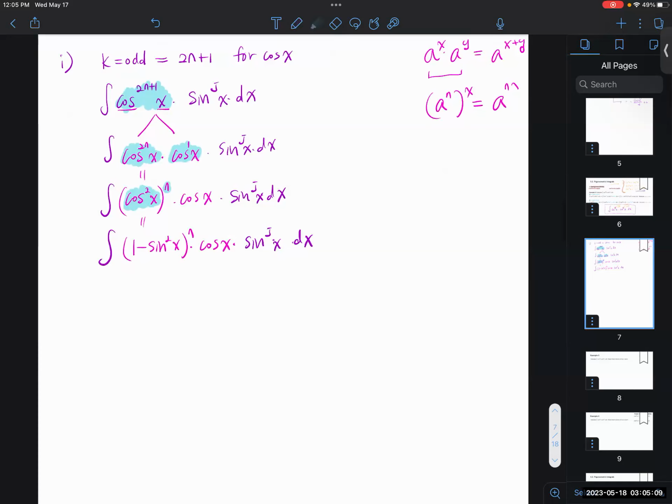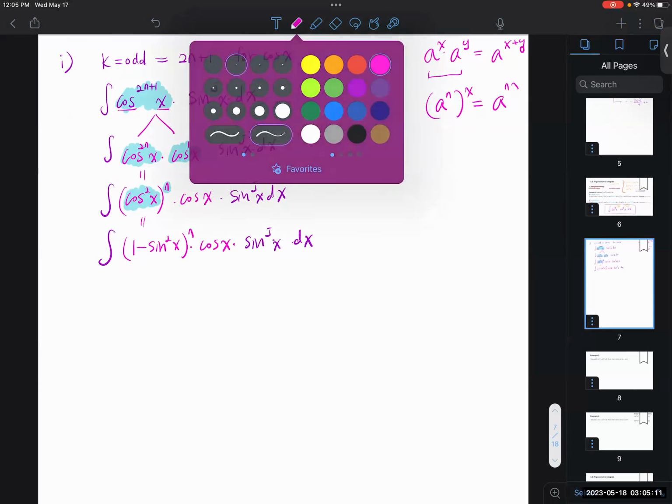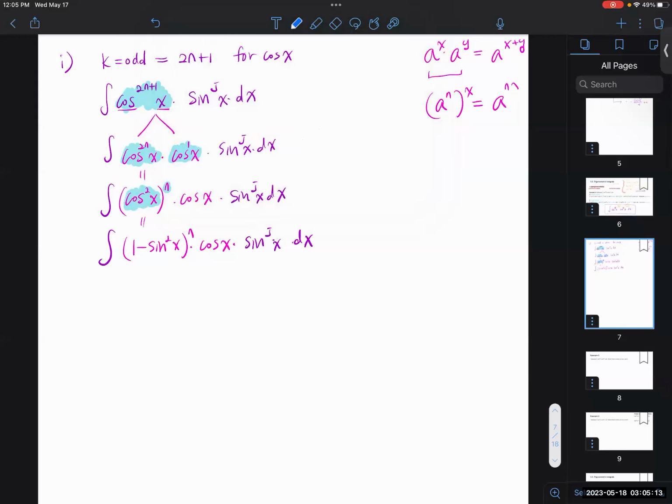I'm going to look at this structure here: sine to the j, sine j x, which means j is a power, and dx. When you look at this one, sine is definitely the substitution function, because we have a j power function and sine x is in there.